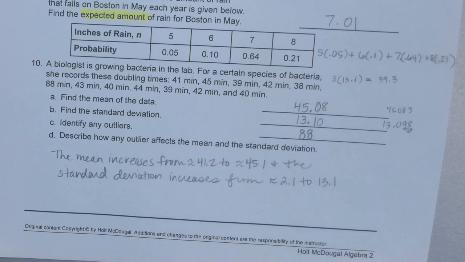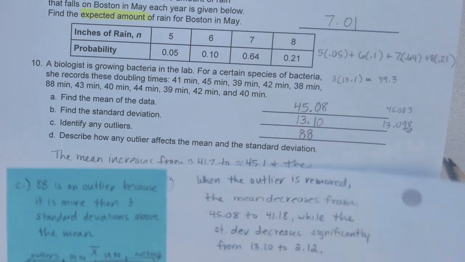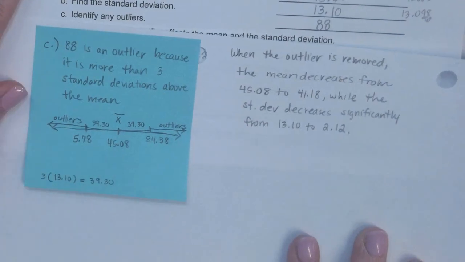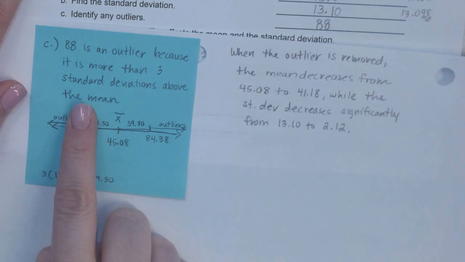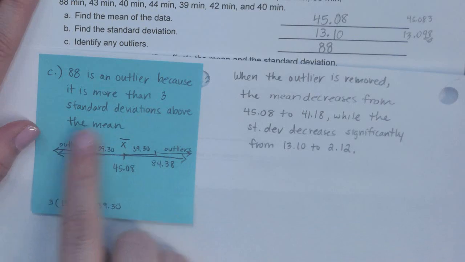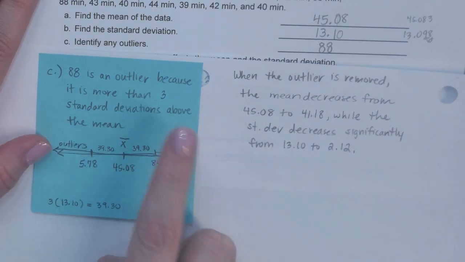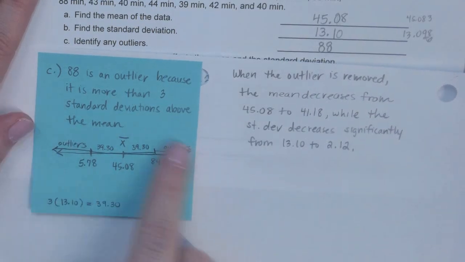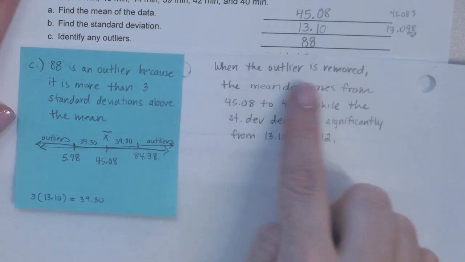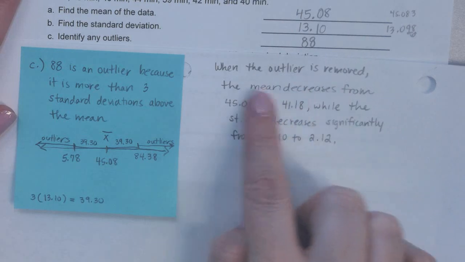I think the part that we're going to have to make sure we're really good about is our explanations. Okay, so make sure you have that key if it's the standard deviation. Outliers are more than 3 standard deviation from the mean. Make sure we know our number line. And then how to create a good explanation when you remove it.